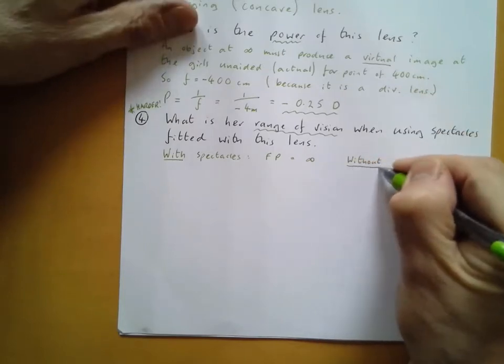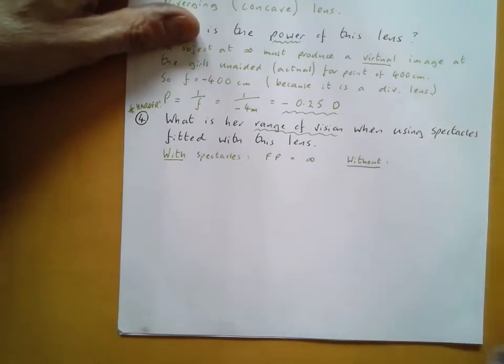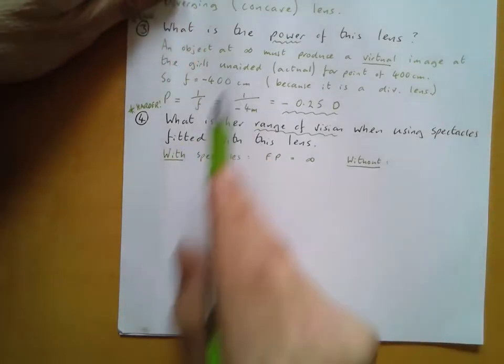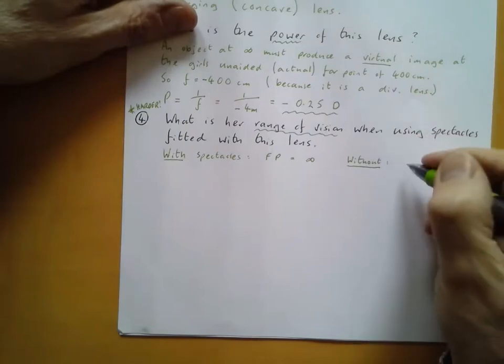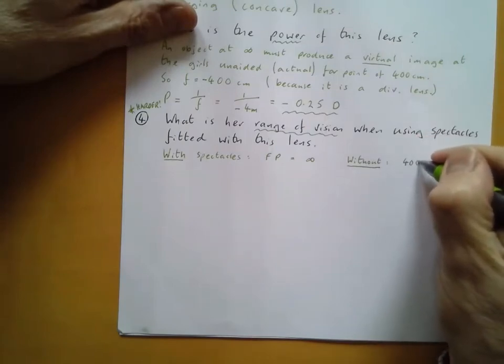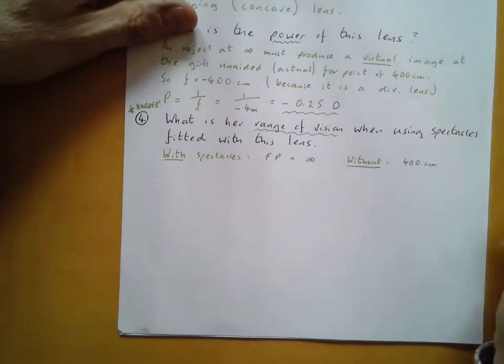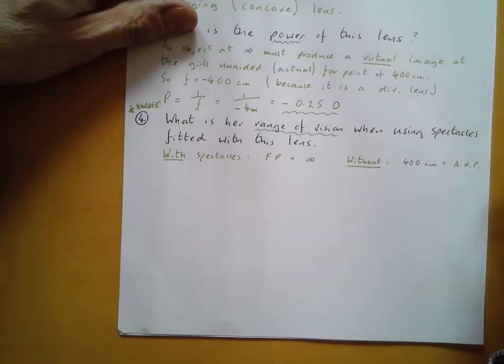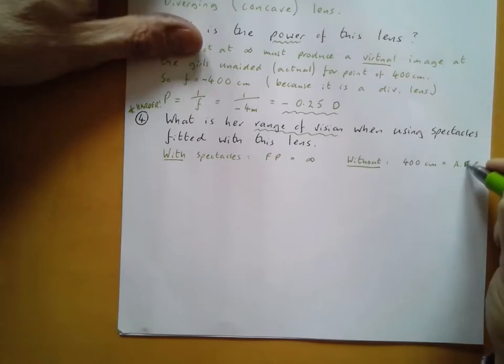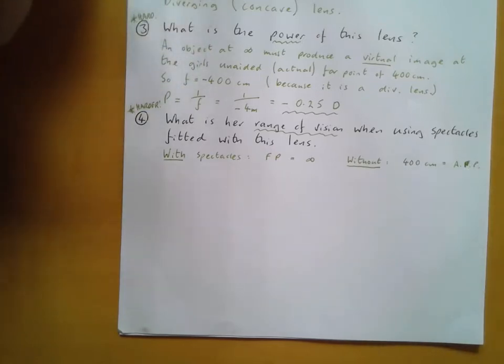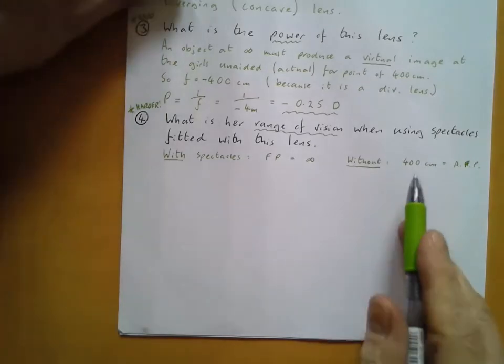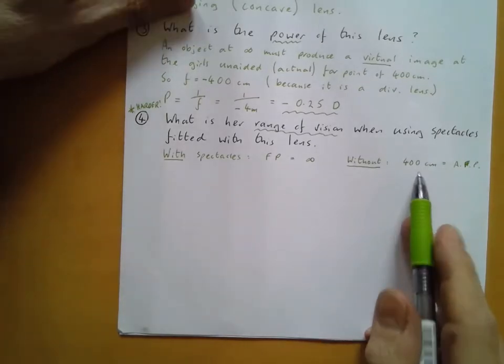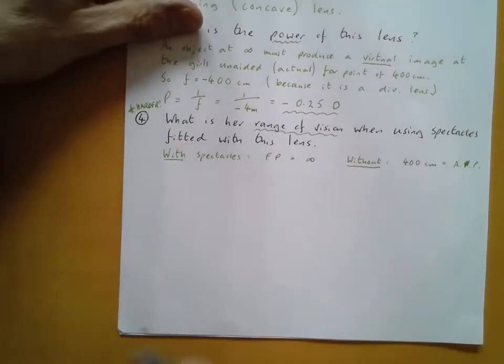Now, without the glasses, in other words, unaided, her far point was at 400 centimeters. That's our unaided far point. Okay, so without the glasses she can only see to 400 centimeters. With the glasses she can see to infinity.